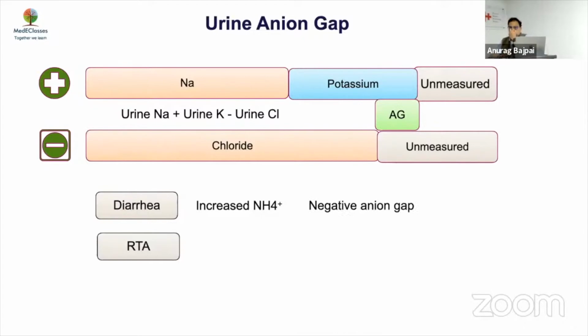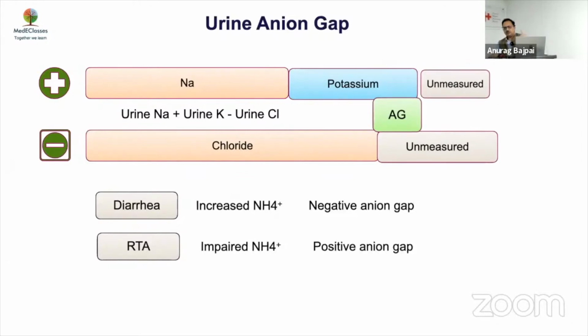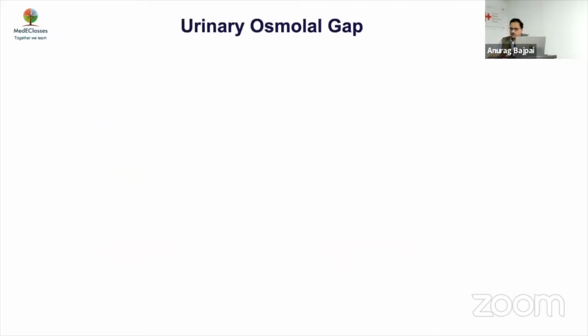There will be impaired production of ammonium, so you will have a positive anion gap. So now we have seen that for RTA to be diagnosed, we need to have metabolic acidosis with a normal anion gap, with a positive urinary anion gap and a normal creatinine. This becomes the criteria as far as RTA is concerned.